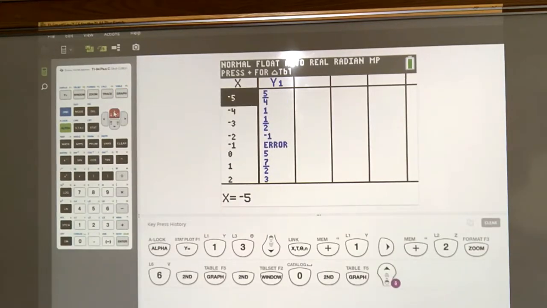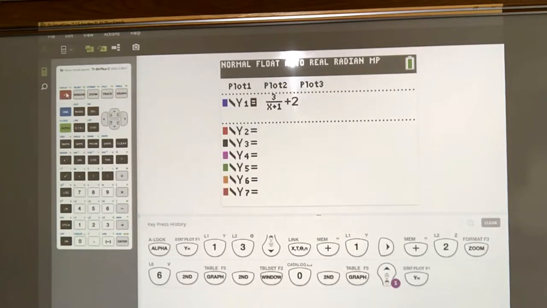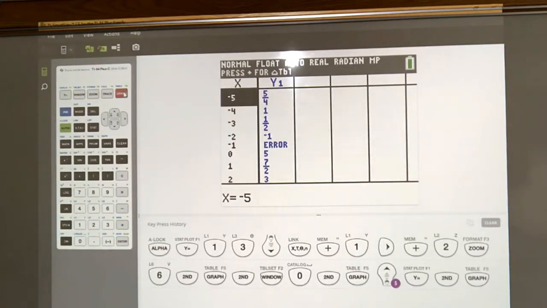All right, look what happened at negative 1. We've got an error message. Oh yeah, okay, I was thinking we had a different number here. Yes, the vertical asymptote went through negative 1, not negative 2, as I said earlier. And that's why you have an error message there, because it's undefined at that point.